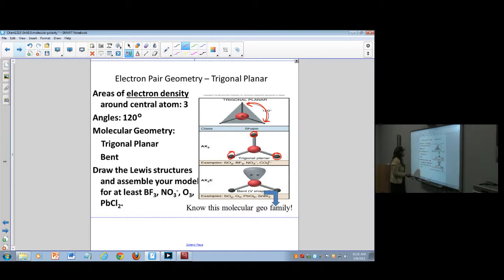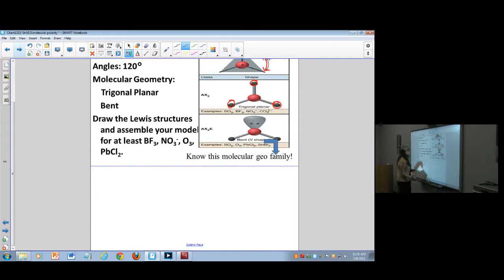We've looked at a couple of these before. For example, NO3 minus. I'm not going to go through that again, but it ends up getting drawn like this, and it is a resonance structure, so we'll put it in just to remember.